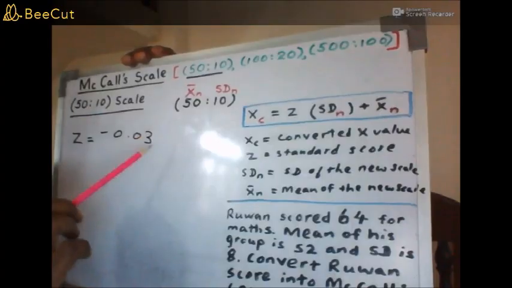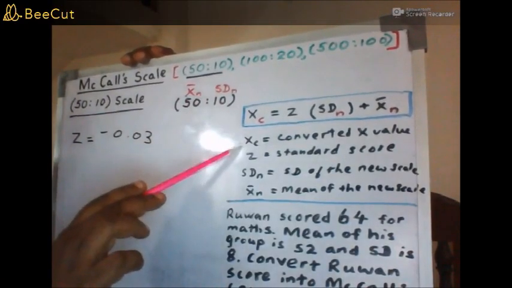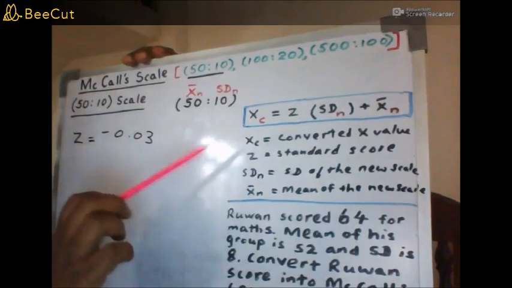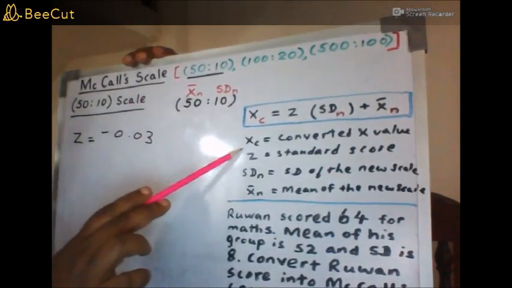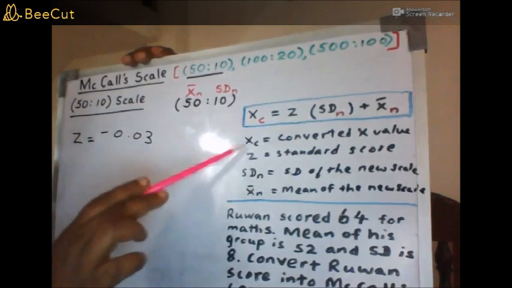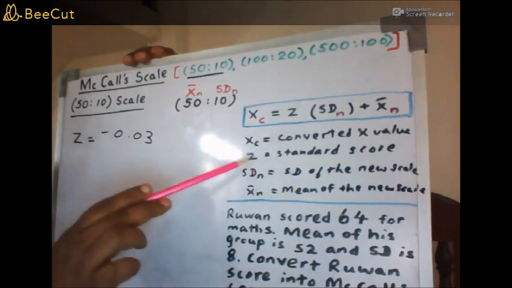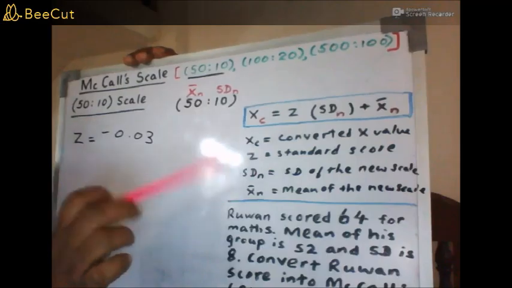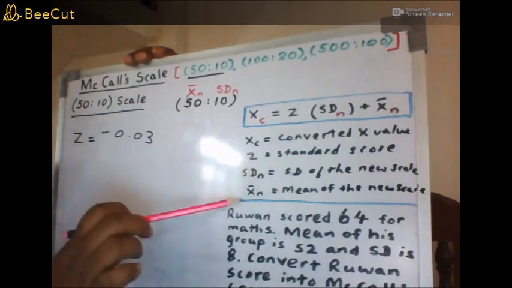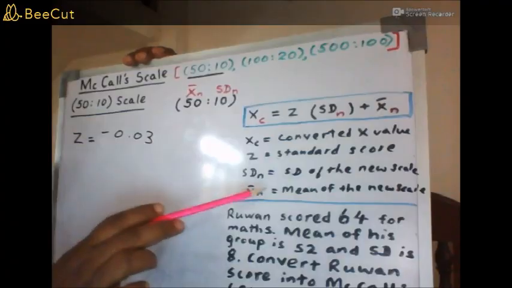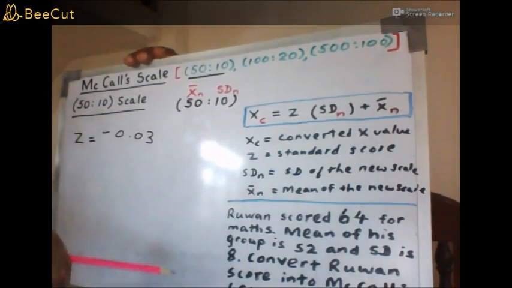Convert the Z score into McCall scale, or convert somebody's mark into the McCall scale. Z means the standard score, so we must know the standard score. SDn means the new standard deviation. X bar n means the new mean of the new scale.